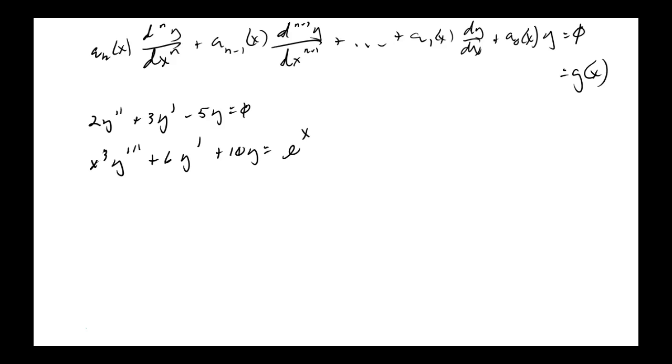Now, if we were about to try to solve a linear third order or any order differential equation with a non-homogeneous function of x at the end, you can't do it until you first solve this very same thing equals 0.